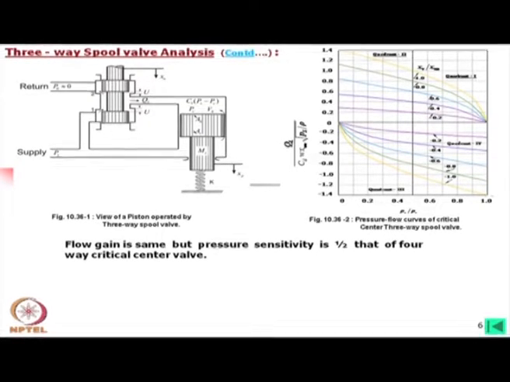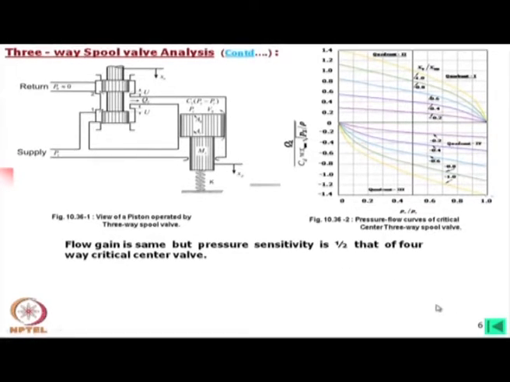Now, the flow gain is the same. If you look into the 4-way valve flow gain, in this 3-way valve the flow gain is also the same, but pressure sensitivity is half that of the 4-way critical center valve. This is from the equations.